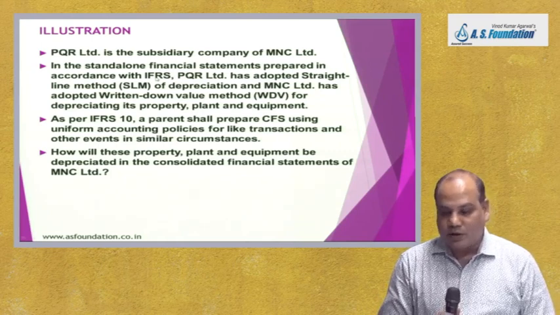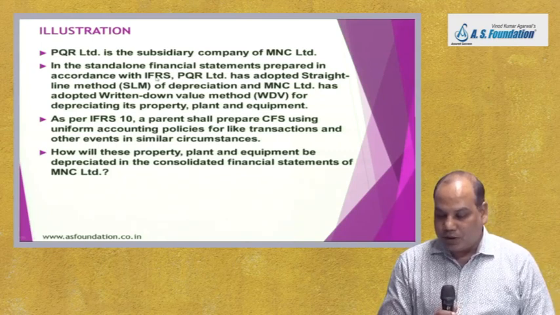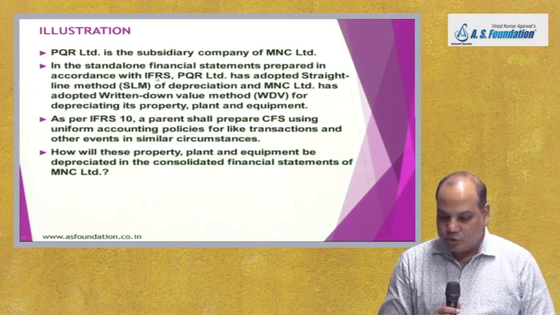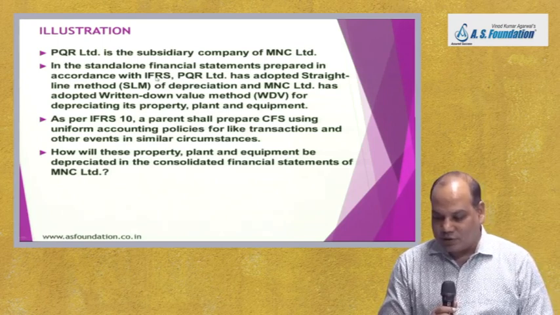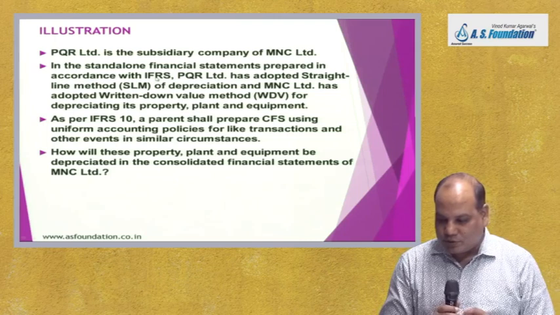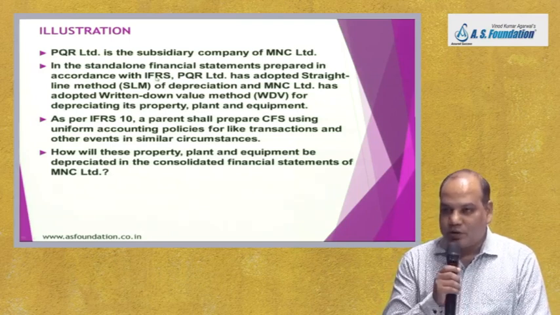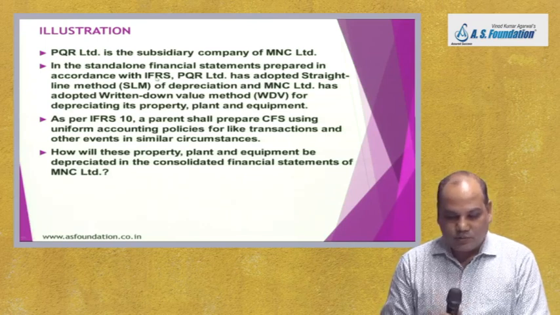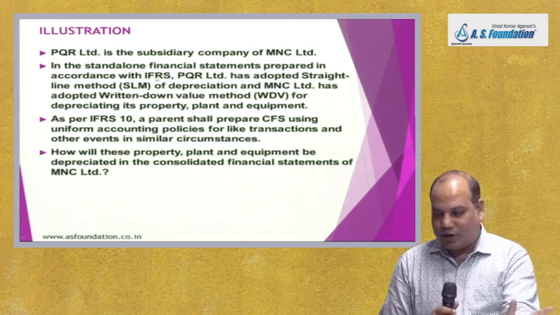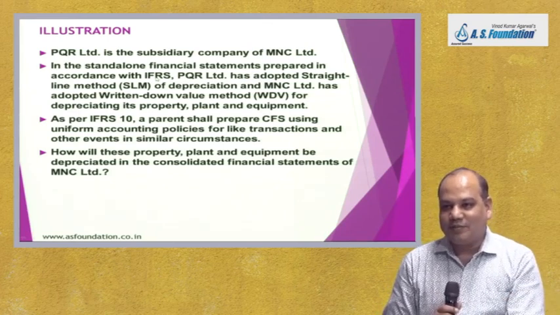As per IFRS 10, a parent shall prepare CFS using uniform accounting policies for like transaction and other events in similar circumstances. How will this PPE be depreciated in the CFS of MNC Limited? So that you have to answer whether it is changing, whether it is different accounting policy or different estimation.